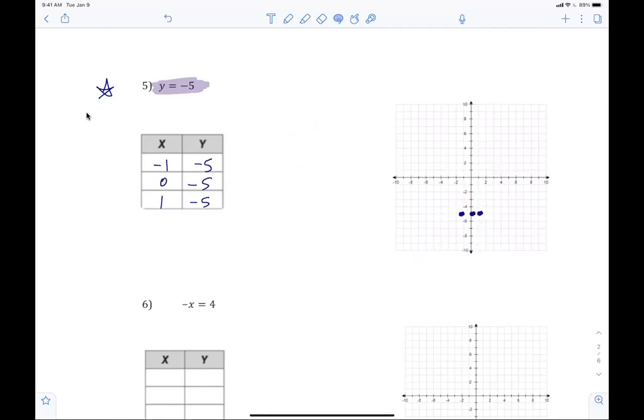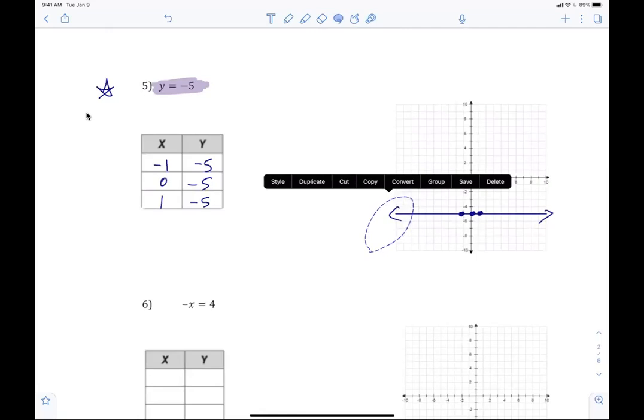What type of line does that look like? That's called a horizontal line. So anytime you have Y equals, it's always going to be a horizontal line. All right, Y equals, if there is no X, it's a horizontal line. All right, anybody have any questions with that?